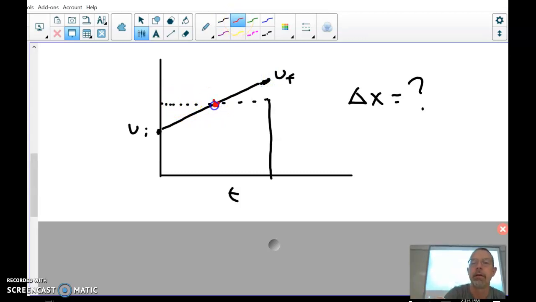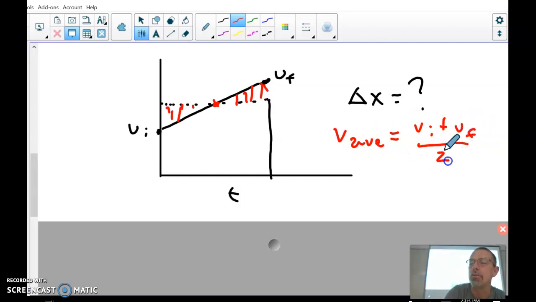dot here, that's going to be my average velocity over time, because the area above this graph here and the area below this graph here are going to be equal. So my V average is actually going to be VI plus VF divided by 2.